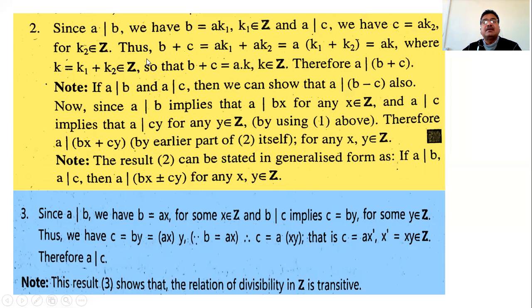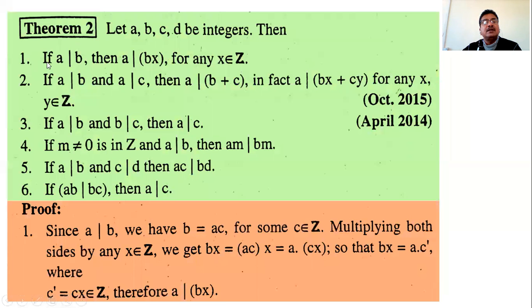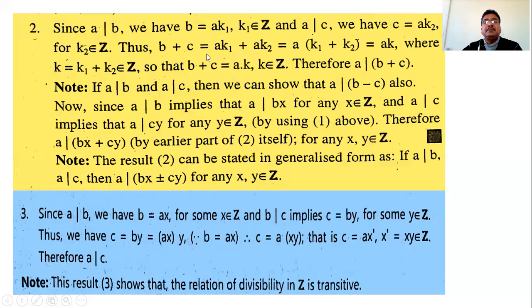Or we can use the first theorem to prove this statement, that A divides Bx plus Cy. Consider Bx plus Cy. What is the value of Bx plus Cy? Substitute B as AK1 and C as AK2, and take A as common.